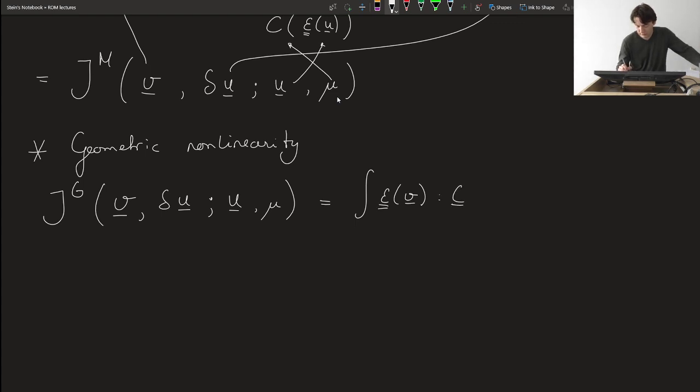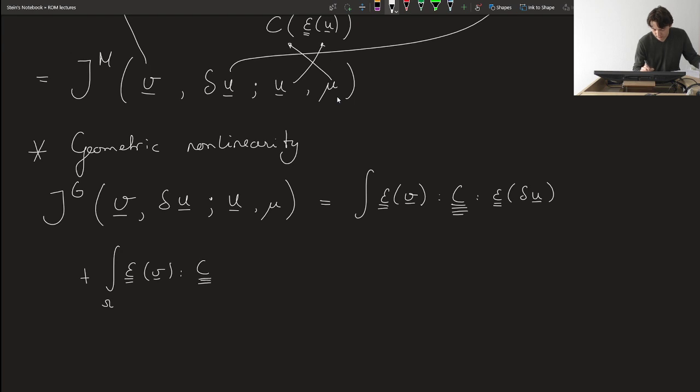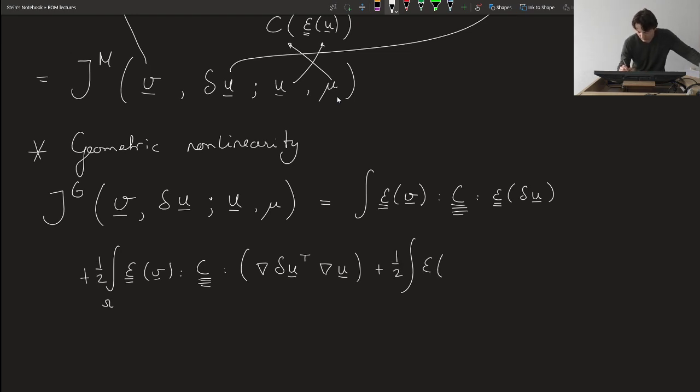V double contracted with our constant stiffness tensor, double contracted with firstly just a linear strain of our increment, right? That was the linear part of the nonlinear strain, plus an integral where we're taking the gradient of our increment transposed multiplied with the gradient of our solution plus, and so this should be half here also half, plus the same thing but in reverse.